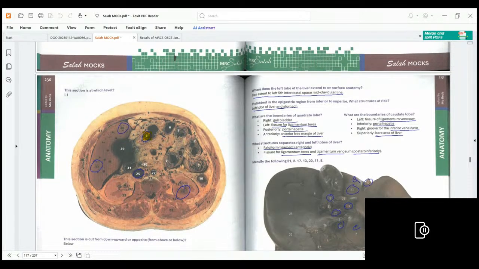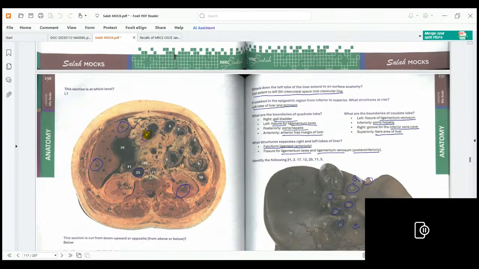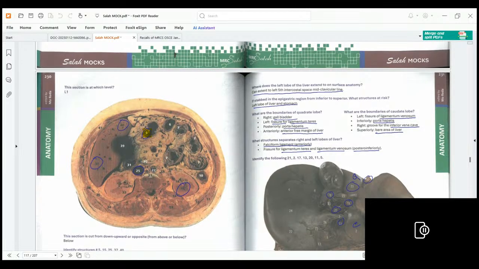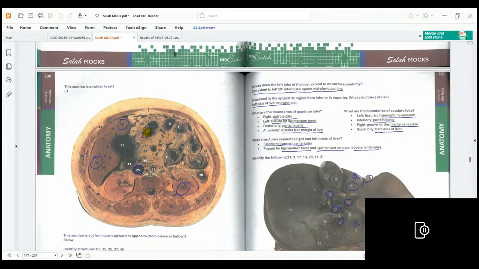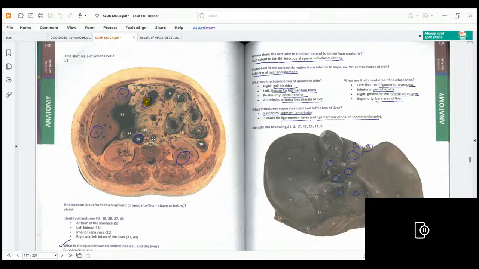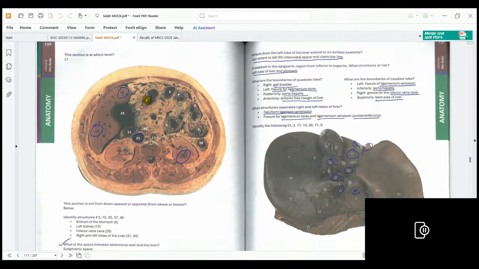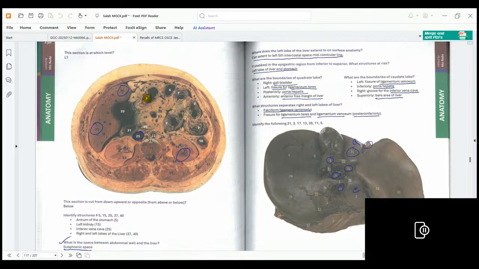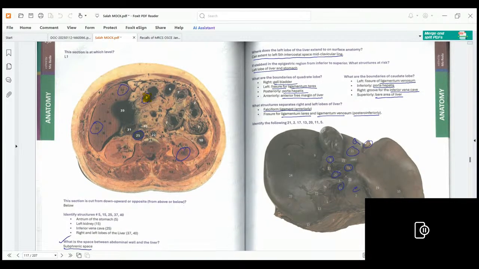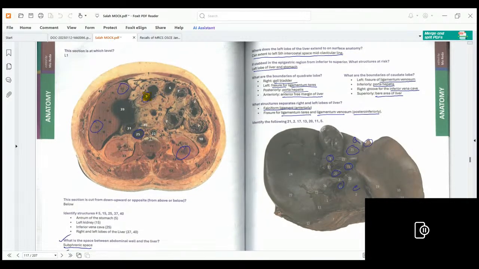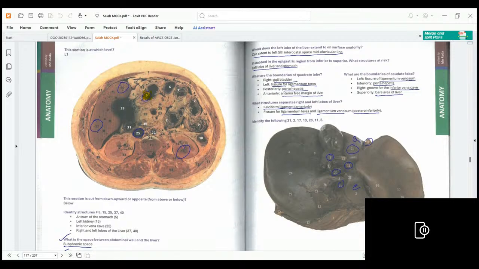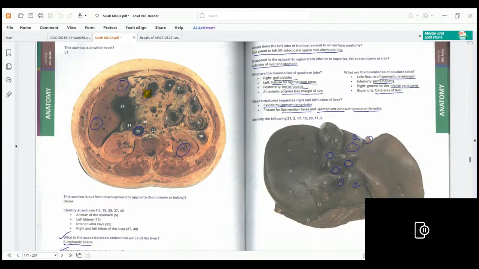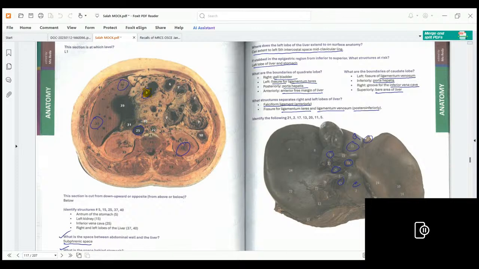Identify the structure number five. It is antrum of the stomach. Structure number 15, on the left side, is the left kidney.